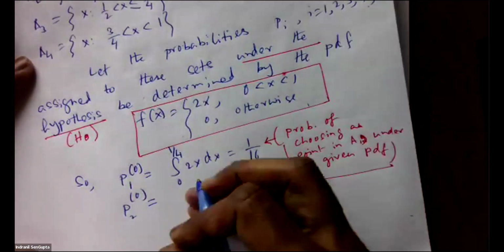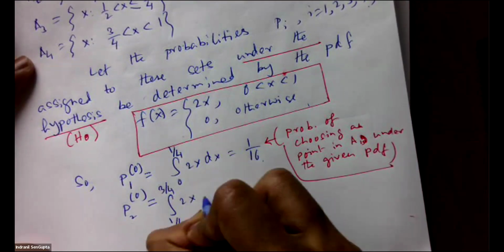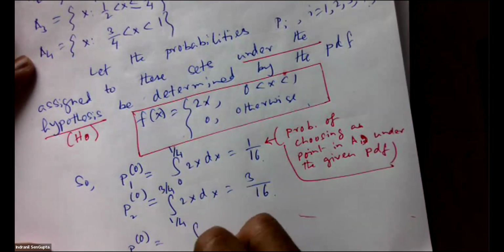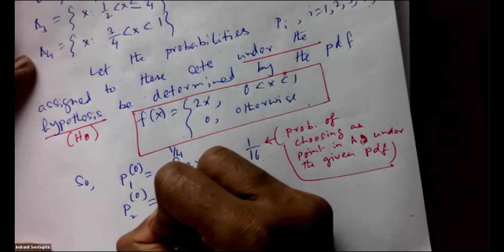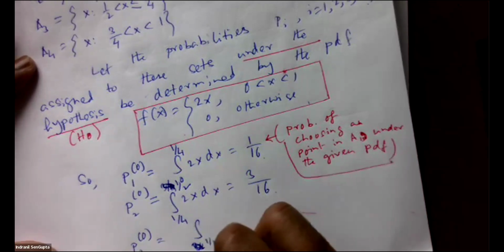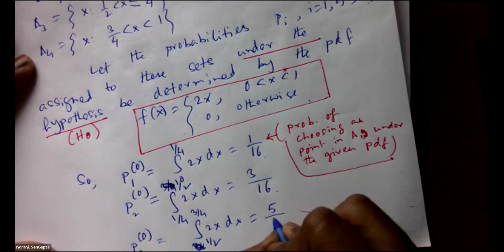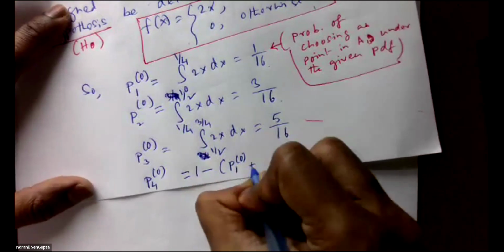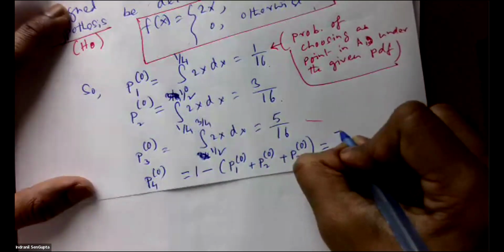The probability of choosing a point from A2 would be the integral from 1/4 to 1/2 of 2x dx, which is 3/16. You can check. p30 would be, sorry, it's not 3/4, it's 1/2 to 3/4 of 2x dx, which is 5/16. Now p40, you can either compute the integration, or you can simply write 1 minus (p10 plus p20 plus p30), which is equal to 7/16.